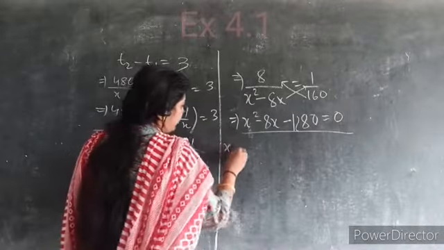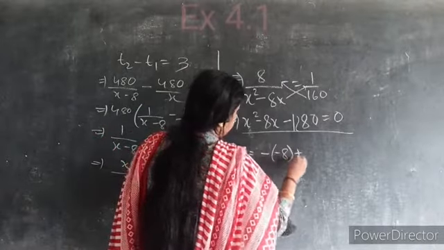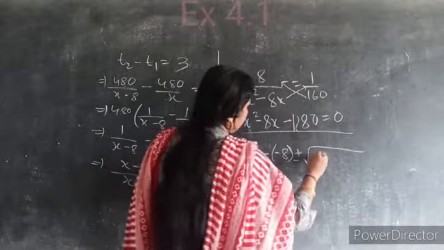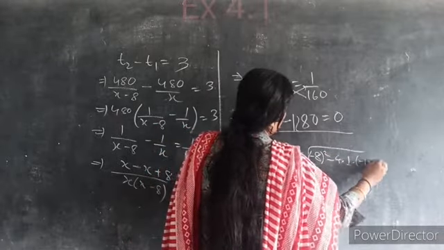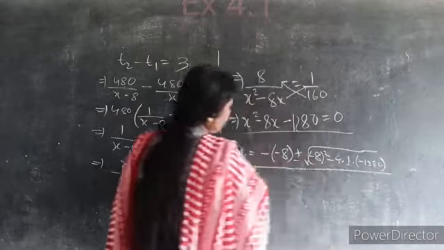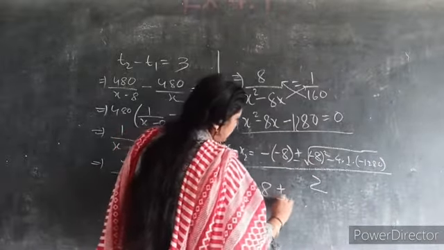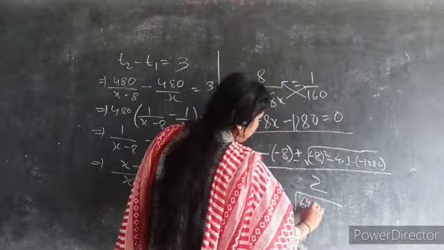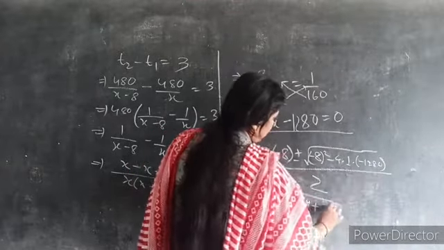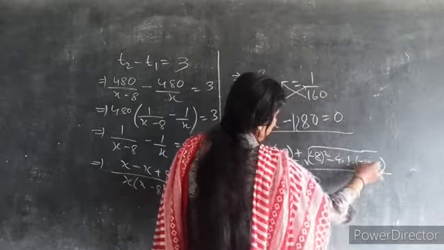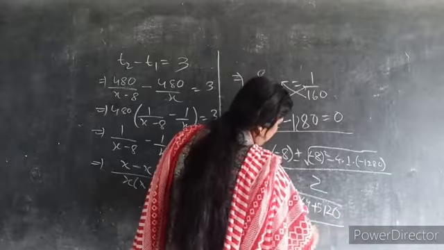So if you now find the roots, we will write minus of minus 8 plus minus root over minus 8 whole square minus 4 into 1 into minus 1280, divided by 2. Okay, so 8 plus minus root over 64 plus 4 into 1280.